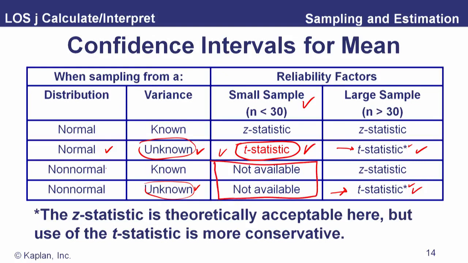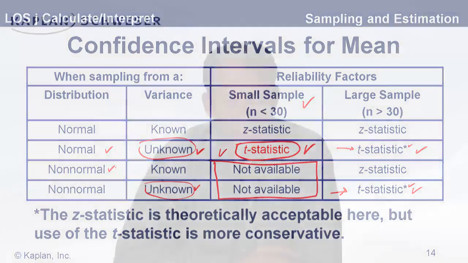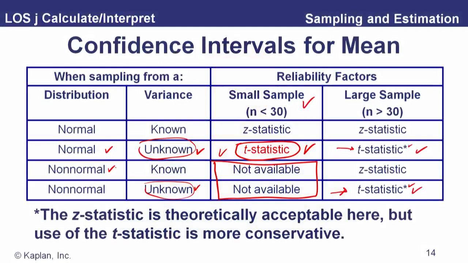So if we don't know the distribution, and any distribution where we're not told that it's normal, we consider that not normal. So if it's an unknown distribution and we have a small sample, we can't say anything.